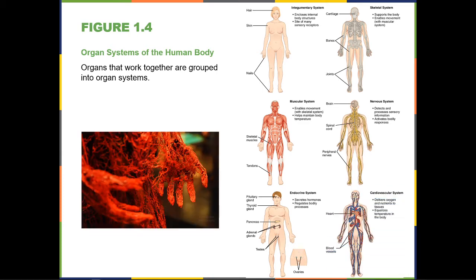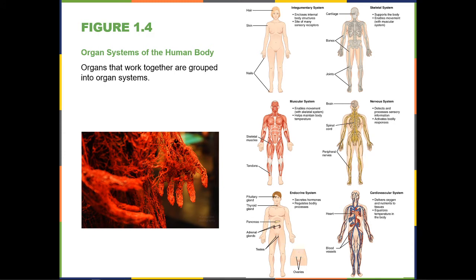All right, our next system is our cardiovascular system. Our cardiovascular system is made up of our heart, our blood vessels, and the blood that pumps through them. Its job is 2-fold. Number 1 is to remove waste from the cells of your body and to bring nutrients to those cells.